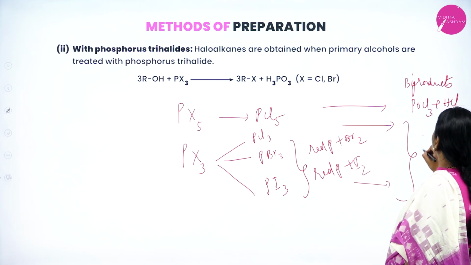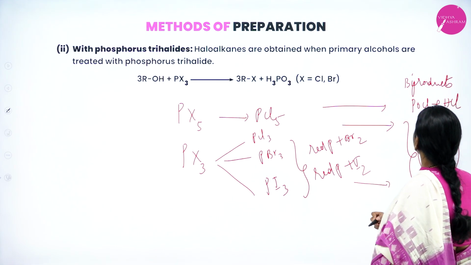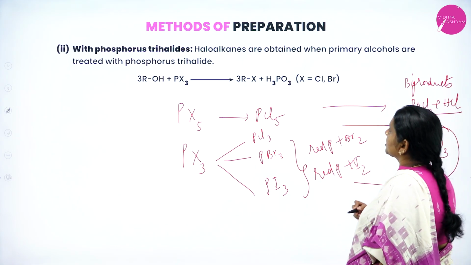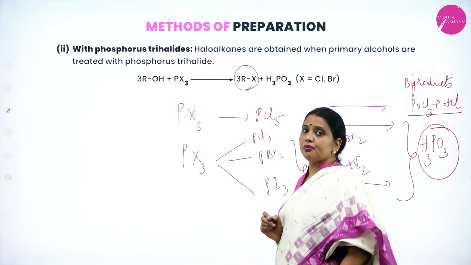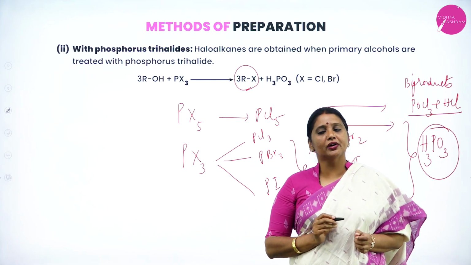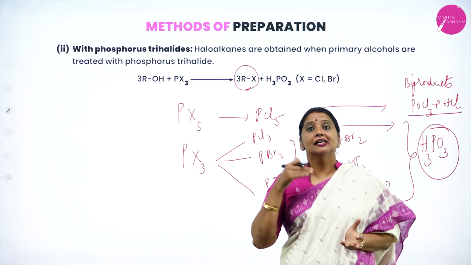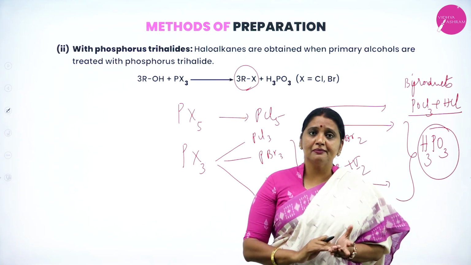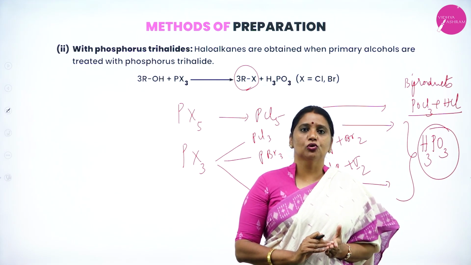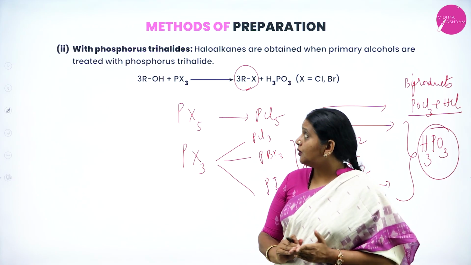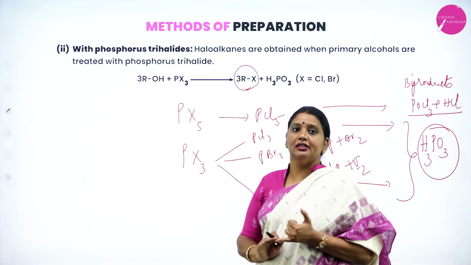In phosphorus trihalide, what is the byproduct? H3PO3. The byproducts are also important. Main product is alkyl halide. Byproduct in case of PCl5 is POCl3 and HCl. In case of PCl3, PBr3 as well as PI3, the byproduct is H3PO3. So now these are the two methods by which you convert alcohol into alkyl halide.